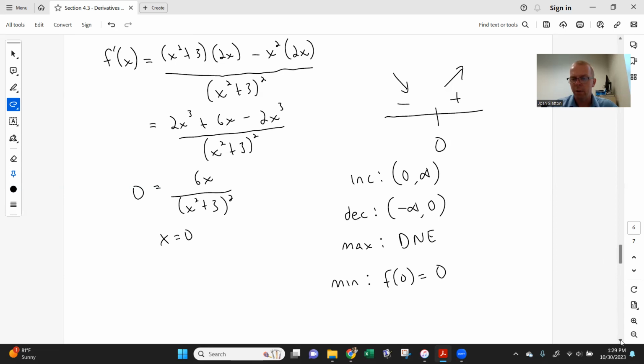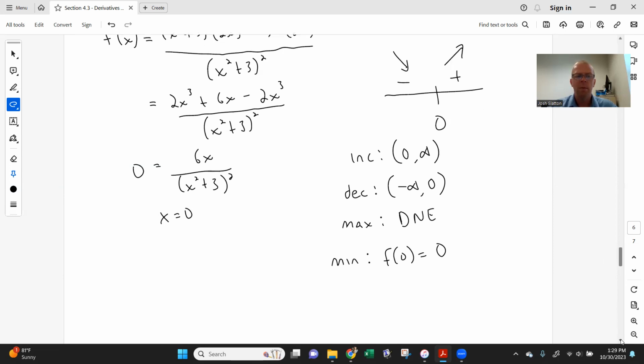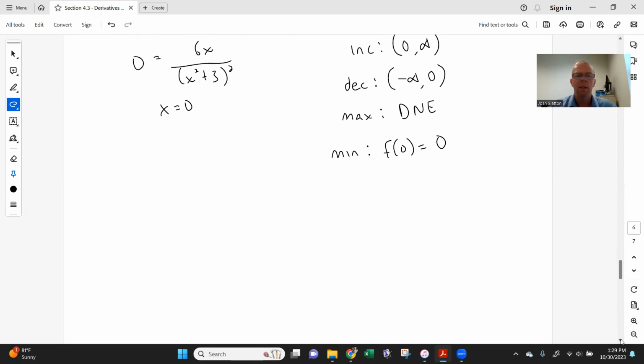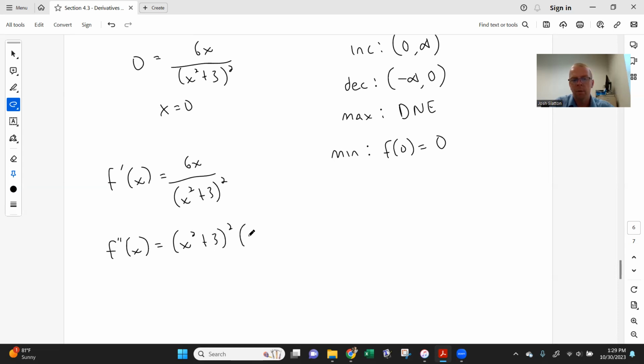All right, so that takes us to the second derivative. So our first derivative is 6x over x squared plus 3 squared. So we have to use the quotient rule again. So the bottom times the derivative of the top minus the top times the derivative of the bottom.